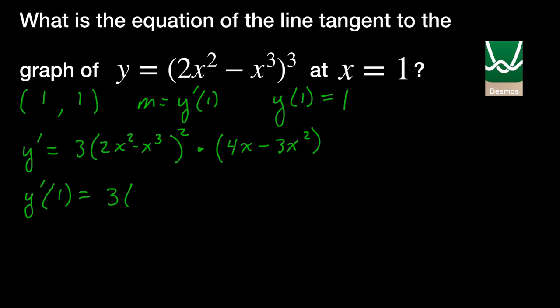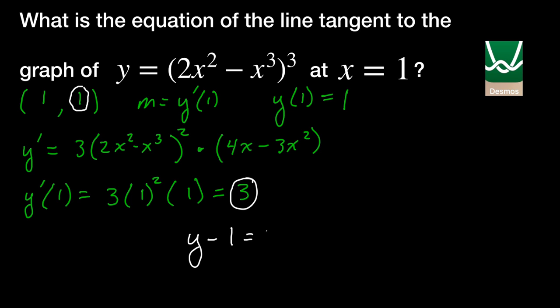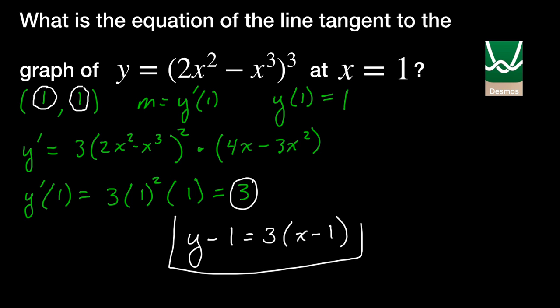So that's going to give us 3 times 1 squared times 1, which is 3. Therefore, our equation of our tangent line is going to be y minus the y-coordinate of 1 equals m, which is our slope, times x minus the x-coordinate, which is the other one up here. That is your equation of your tangent line.